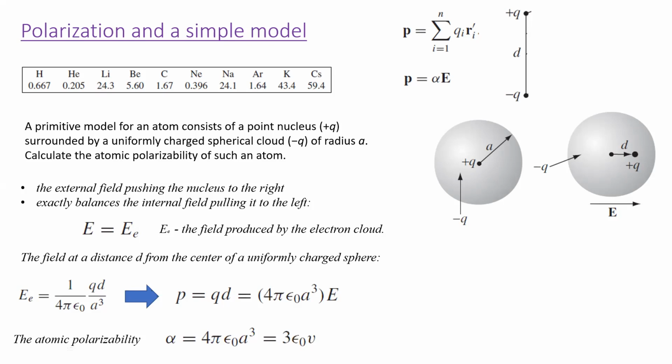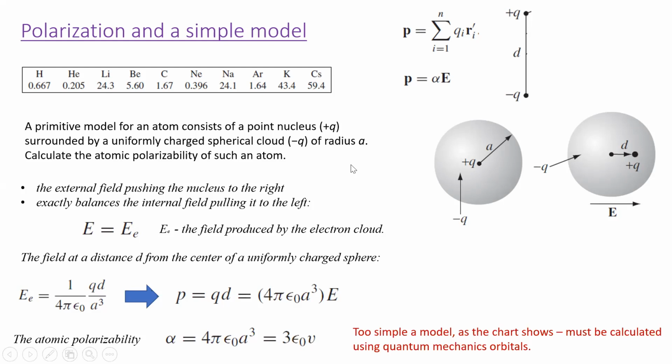So there's a lot more going on here, but it's still worth doing this simple calculation. It's too simple a model, and in fact, polarization has to be calculated using quantum mechanics and orbital theory. Okay, what about instead of just an atom, a non-symmetric molecule?